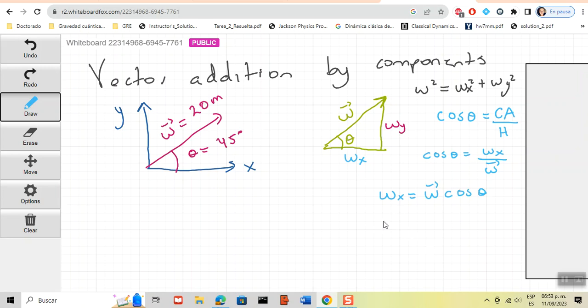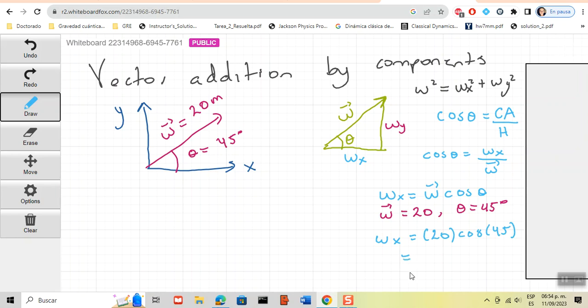So let's do a quick example. In the case of our purple vector, with W being 20 and the angle being 45, we're gonna use our equation for the cosine, the Wx, and that's gonna be 20 cosine of 45.